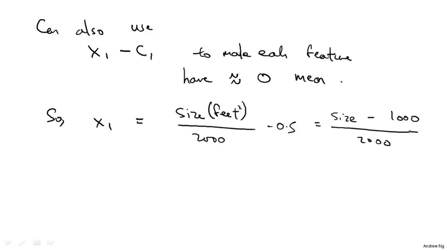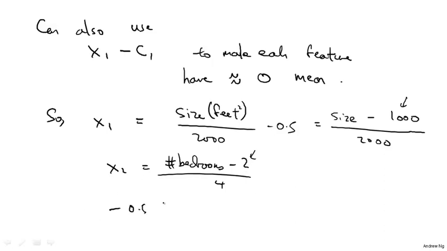If the average size of the houses in your training set is about 1,000, this would cause x1 to have about 0 mean. Similarly, maybe x2 equals the number of bedrooms minus 2, divided by 4. It doesn't have to be exactly 2; subtract off some value close to the mean of x2. Then x1 and x2 will range approximately between minus 0.5 and positive 0.5.